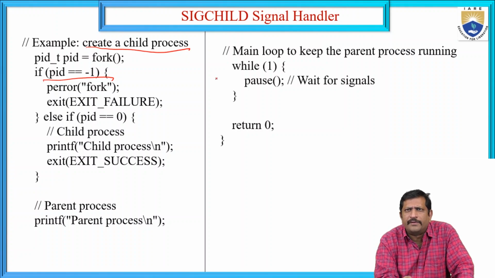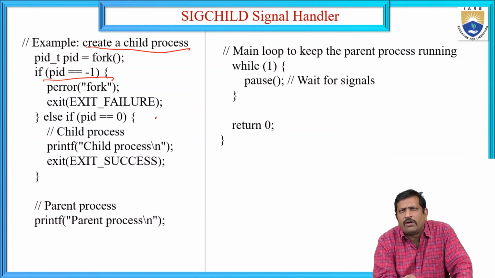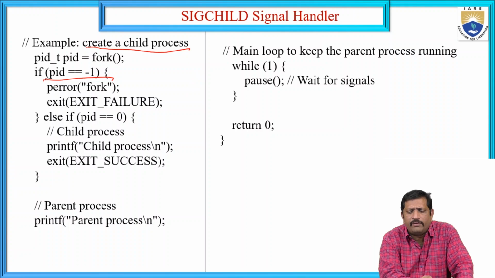The process ID -1 means the processor is not receiving any task, any instructions. If the processor is not receiving any instructions, now we can indicate it as pid equal to -1.